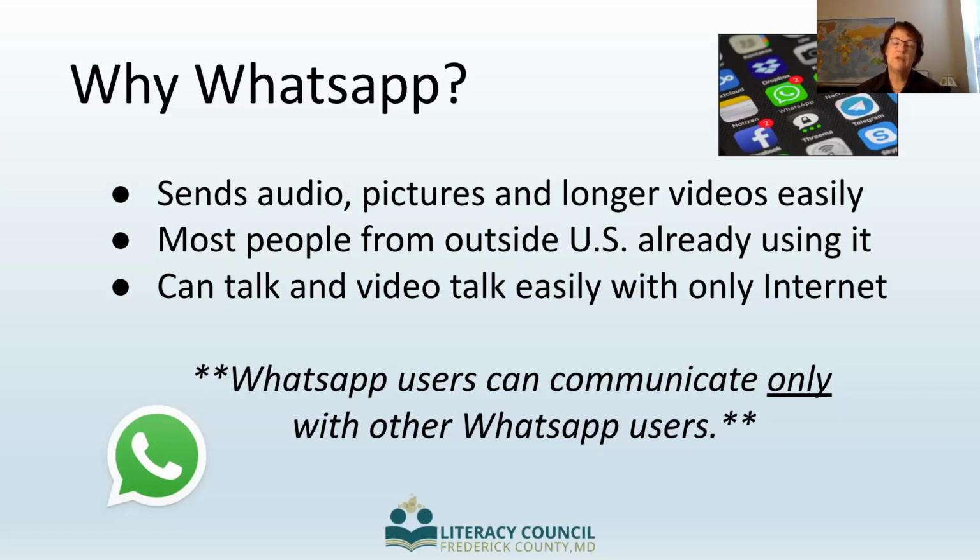We can't do the video because it keeps disconnecting. So basically we have our class on the internet phone, WhatsApp, and that's worked, it's fine. The only limitation is the other person has to have WhatsApp. You can't use WhatsApp with somebody who doesn't have WhatsApp.